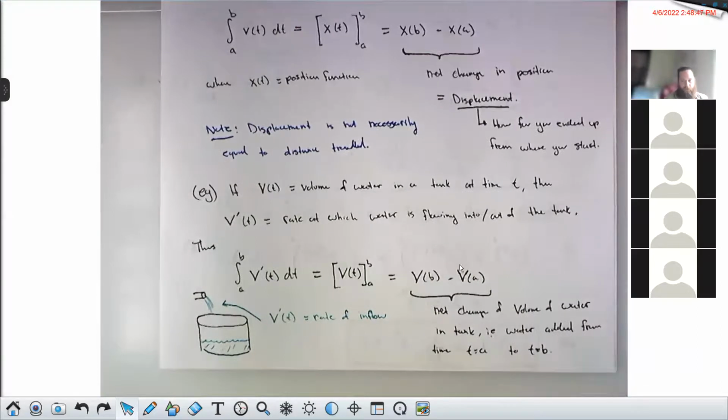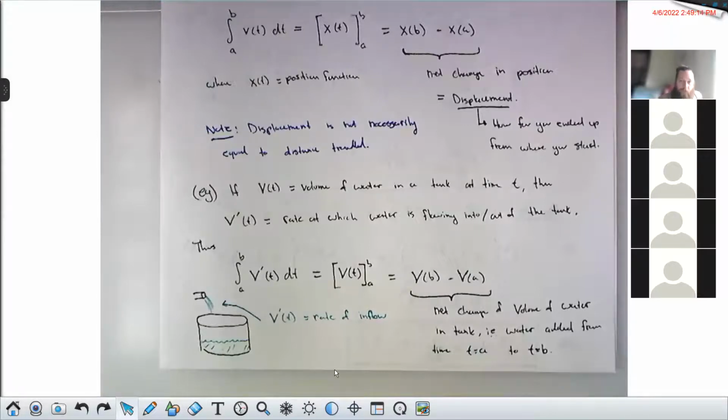Capital V of A is the amount of water that was in the tank at time t equals a. It's how much water you started with in the tank. V of B is how much water was in the tank at time t equals b, when you're done filling. So if you take V of B and you subtract V of A, that's how much water you added between the times A and B.